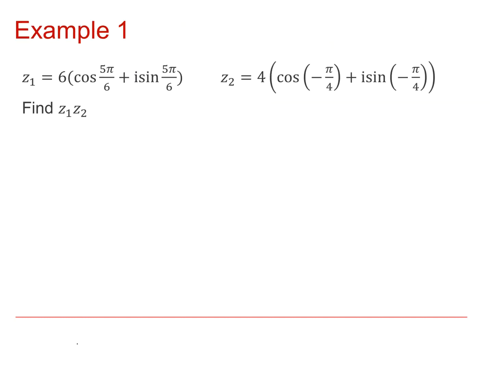Here's an example. I've got two complex numbers here and I want to find their product. So Z1 Z2 is equal to the product of their moduli multiplied by cos the sum of their arguments plus i sine the sum of their arguments.